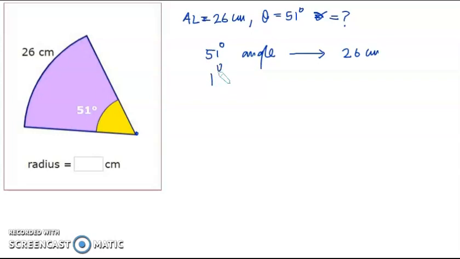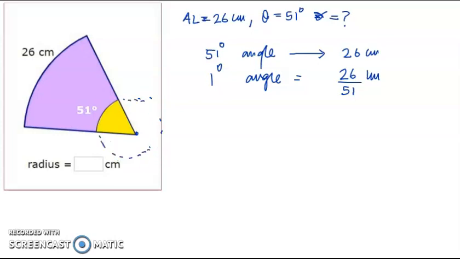Then 1 degree angle will be 26 by 51 centimeter, and a circle, as you all know, subtends an angle of 360 degree around a point.